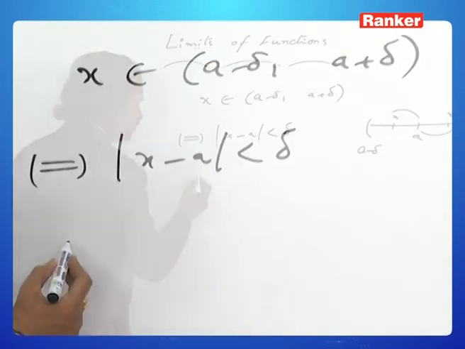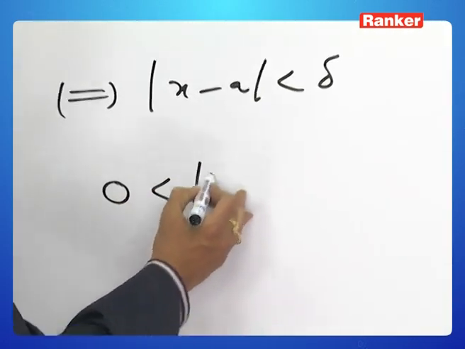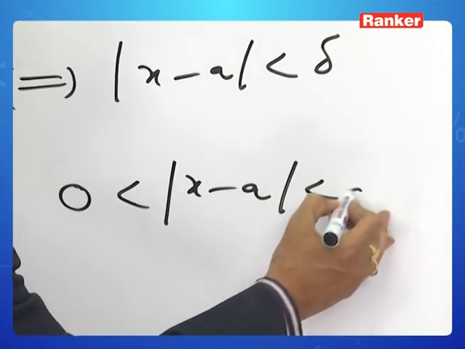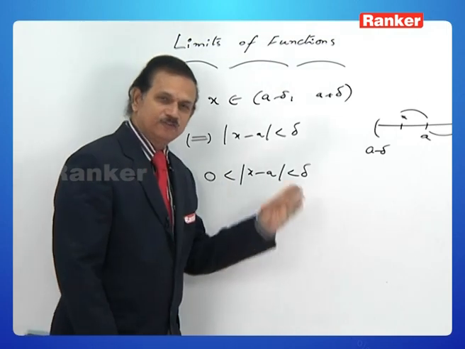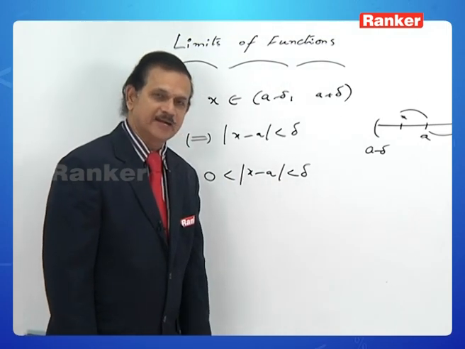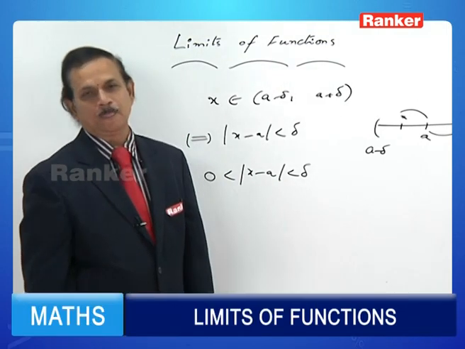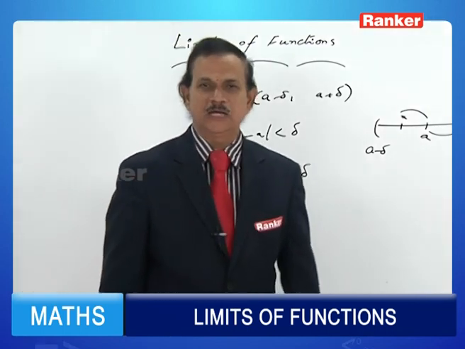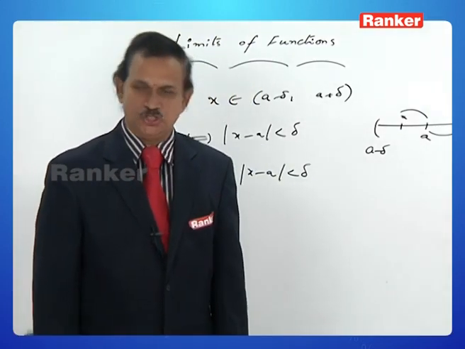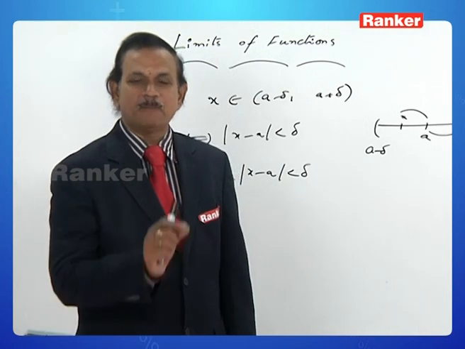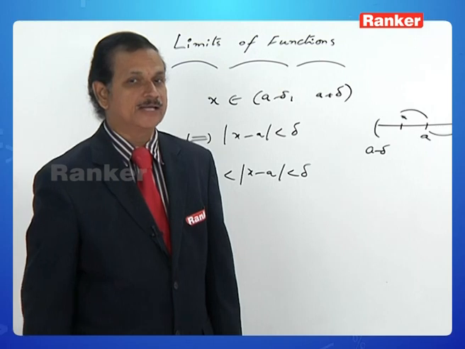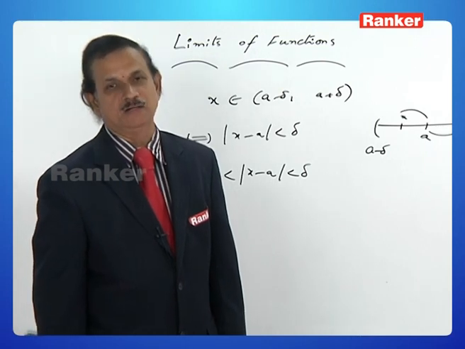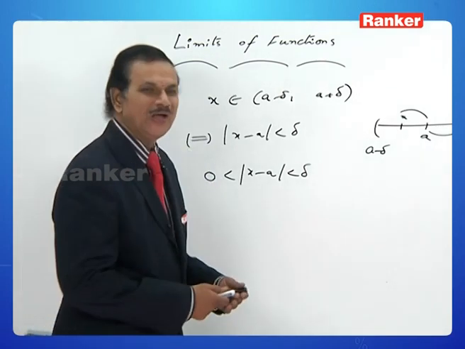Suppose I say 0 less than mod x minus a less than delta, how can we express this idea? What do you mean by 0 less than mod x minus a less than delta? First of all, everybody knows that mod x minus a is greater than or equal to 0. Here, the equal to 0 part has been restricted. That is, mod x minus a is not equal to 0 at all. That is, x is not equal to a.